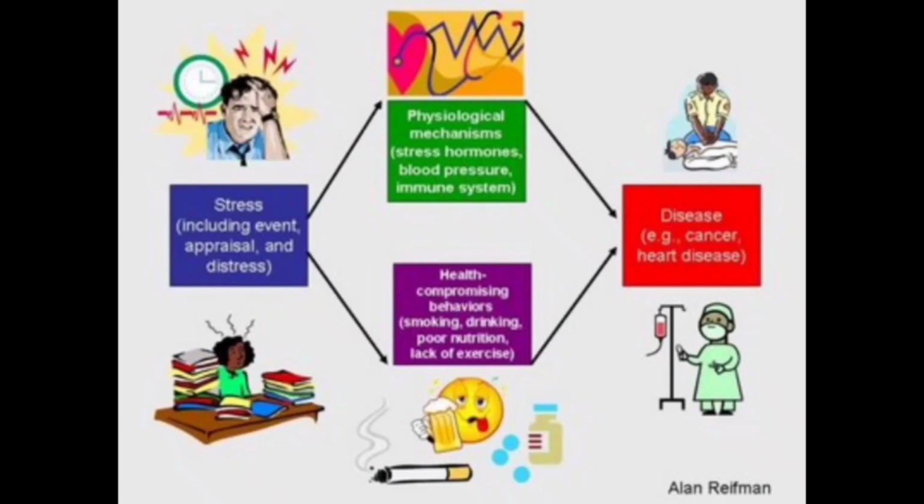What are the physiological mechanisms in which stress is included? The stress hormones, blood pressure, and immune system. These are affected by stress in our body. Diseases like cancer and heart disease, and health-compromising behaviors like smoking, drinking, poor nutrition, and lack of exercise are included, along with event appraisal and distress.